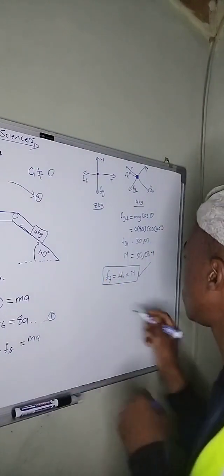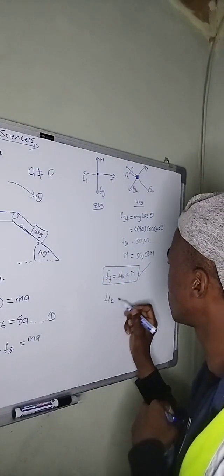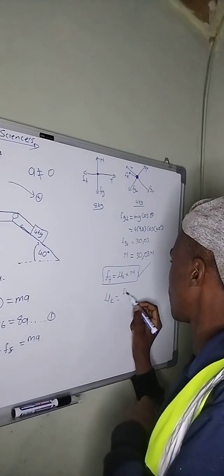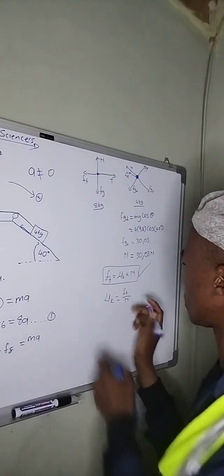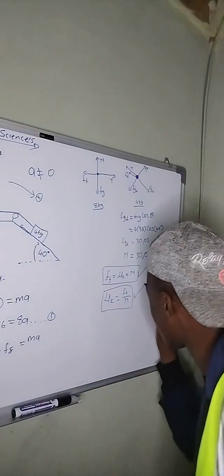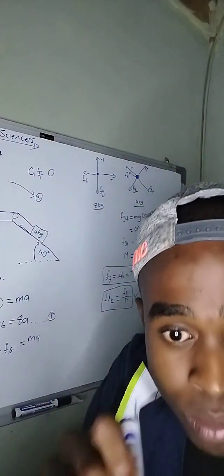Or sometimes you can be given this formula as μK being equal to Ff divided by N. You'll be given a mark for using a correct formula. Is that clear?